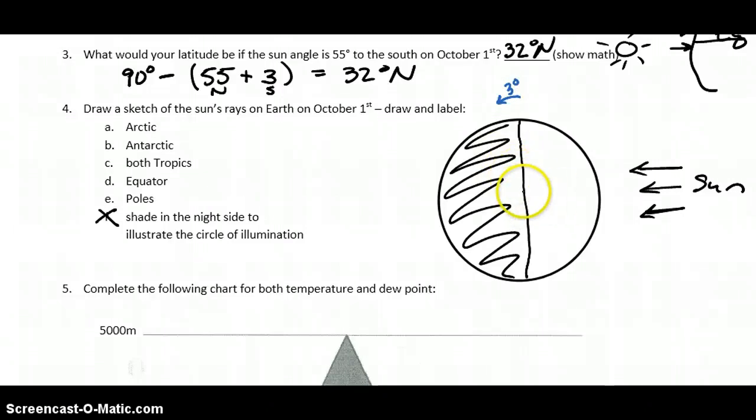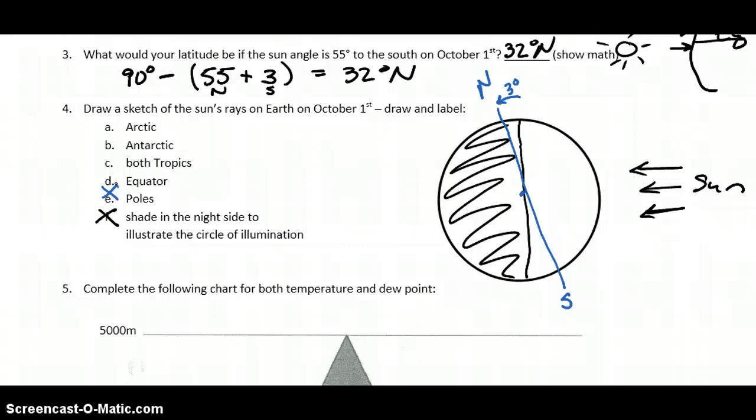Your goal is to have your axis go right through the center point between where the sun is and where the circle of illumination is. So I'm going to do my best to draw a straight line here. Pretty good. Put in some north and south just to keep track of what I'm talking about.